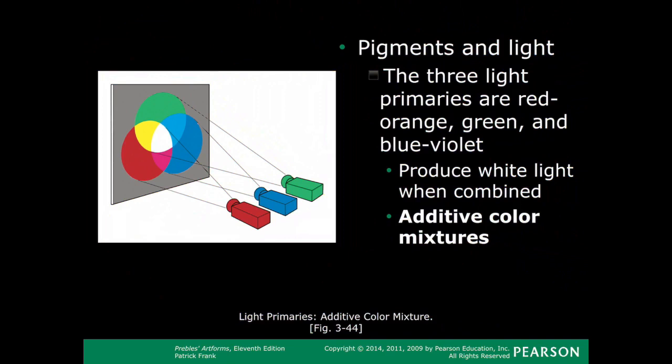There's also the other kind of color wheel, which is an additive color wheel, and this is different in that the three light primaries are red, orange, green, and blue violet. Maybe you've heard of CMYK. It's an additive color mixture because it actually deals with light.